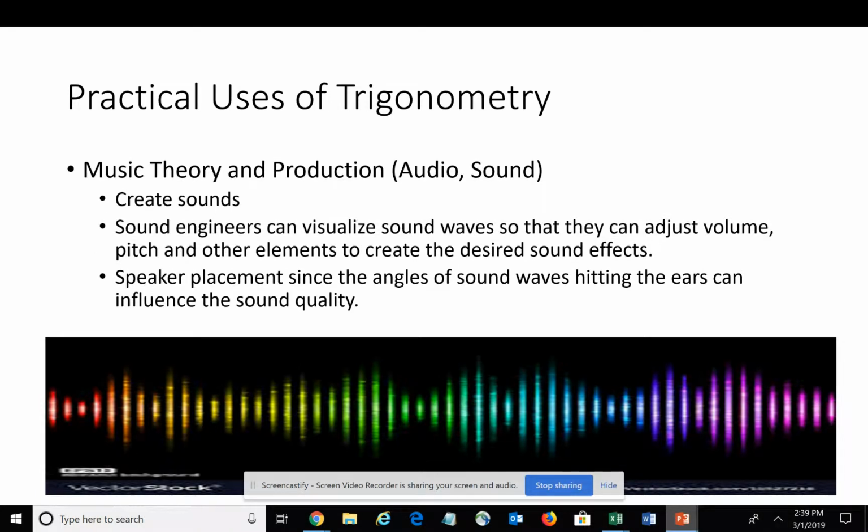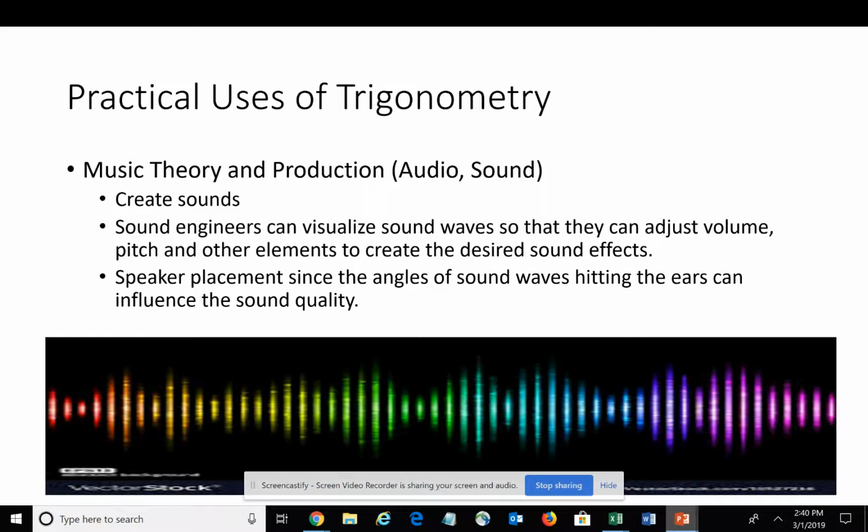Also, what's interesting is that you use trigonometry in music theory and production, looking at the sound waves, or if the computer looks at the different trigonometric curves, it can actually create sounds or imitate sounds. Sound engineers can use the visualization of the sound waves to adjust volume and pitch to create certain desired sound effects.